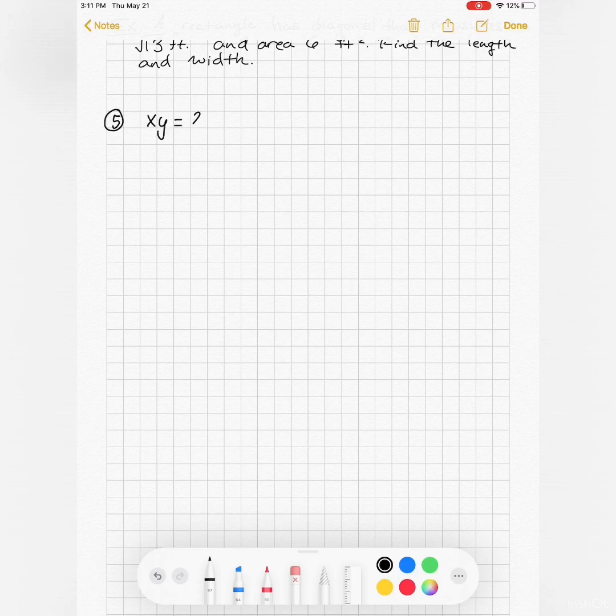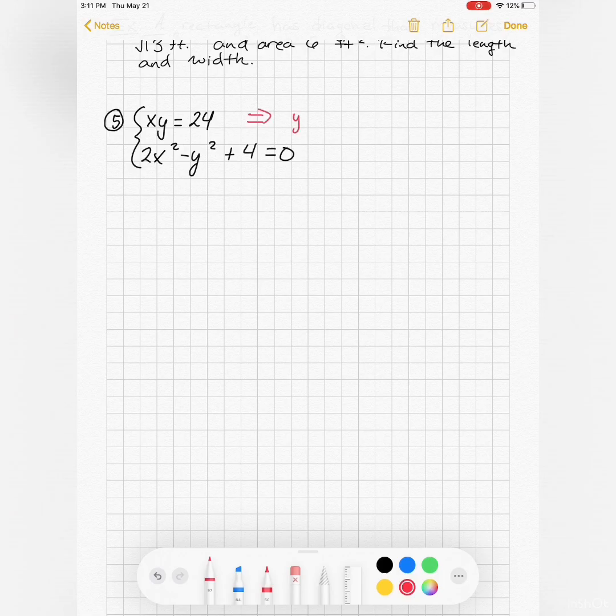About something like xy is 24, 2x squared minus y squared plus 4 is 0. So again, I don't actually have like terms, so I would do a substitution.